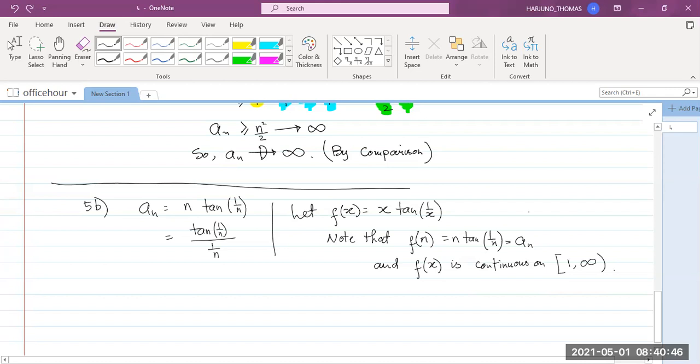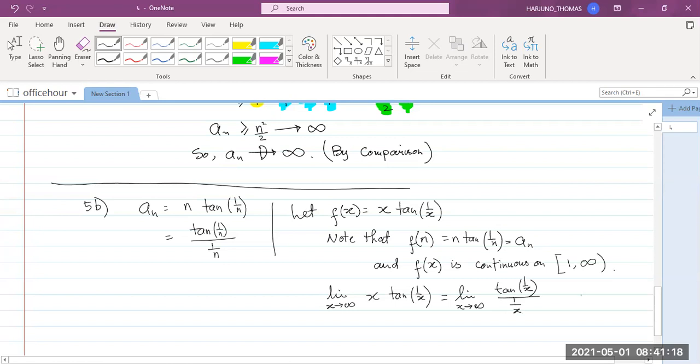Then the reason I need that is because when I do the limit, x goes to infinity of x tangent 1 over x, writing it as a limit is important, instead of just writing the expression without the limit. The reason is I will play around with the 1 over x. You said that you want to substitute that, right? Yeah.